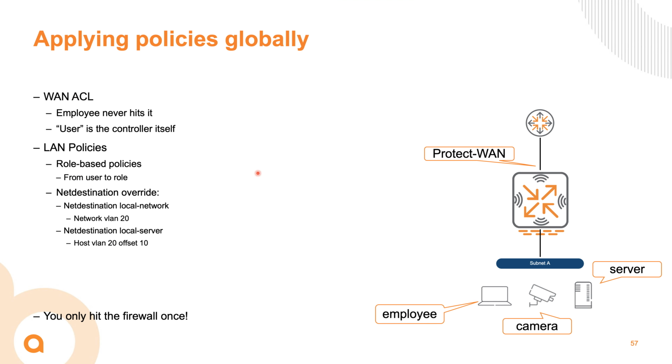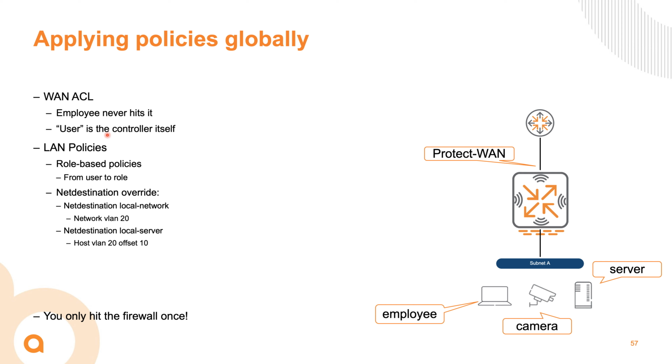So just a little bit more about the policies being applied on these branch gateways. A computer or a user role on the LAN will never hit the WAN ACL. So this WAN ACL is only for traffic from the controller to the internet or any destination on that particular ACL, or the internet to the branch gateway.